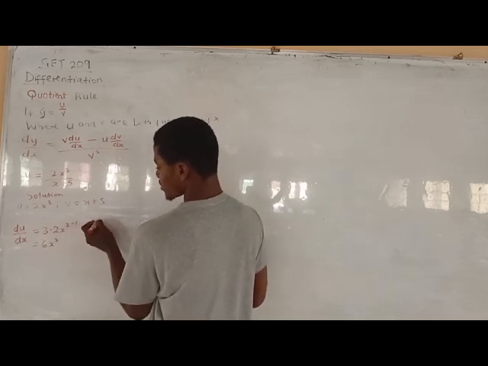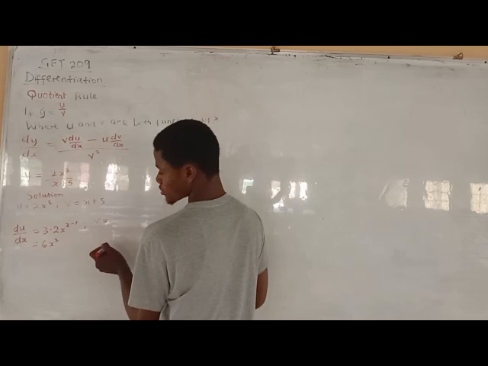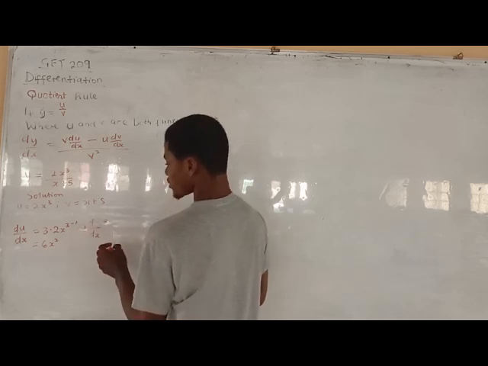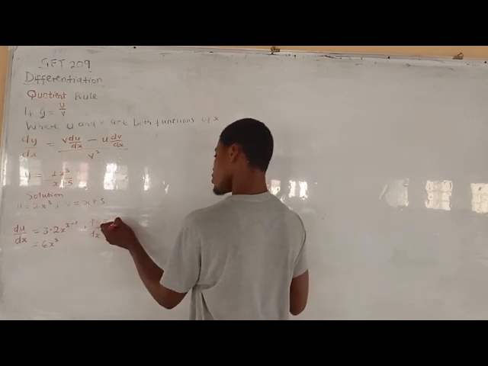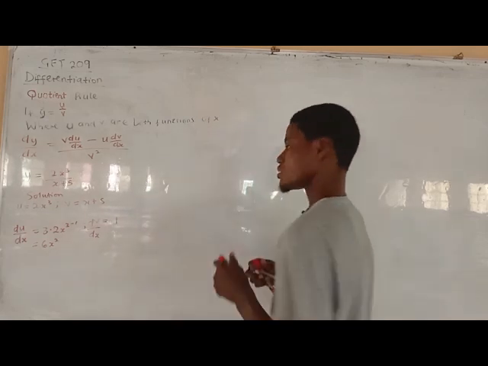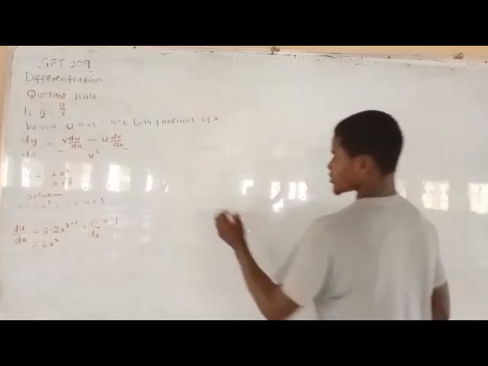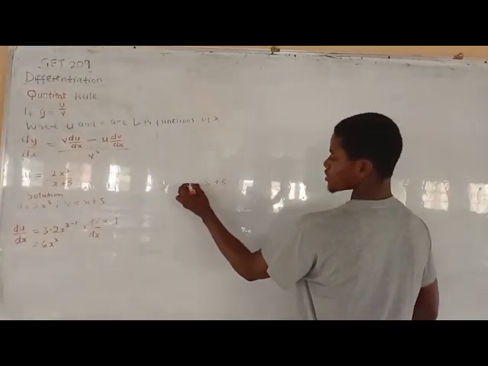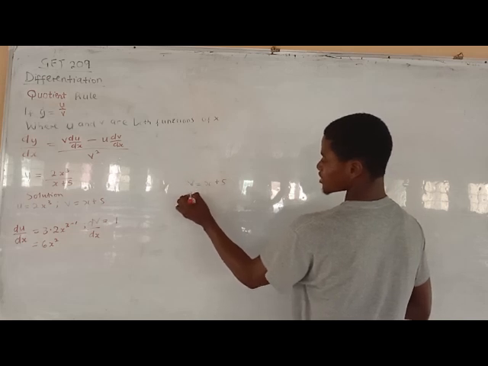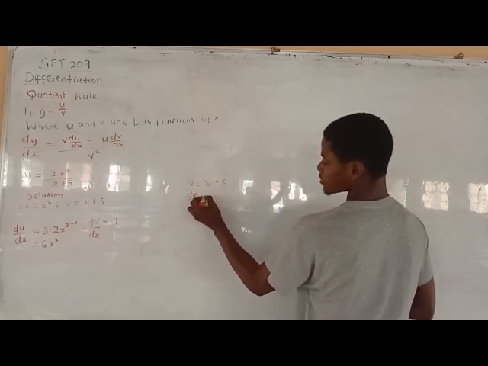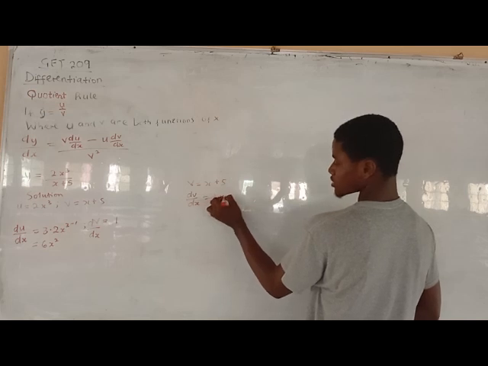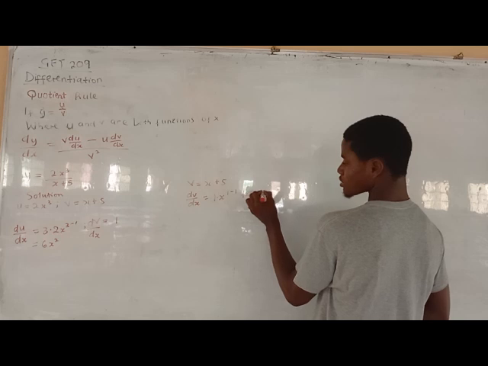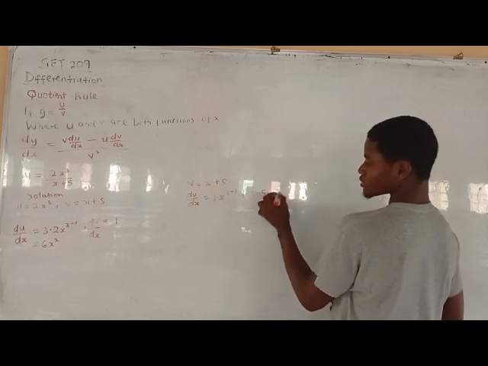Whereas for this side, v equals x plus 5, dv over dx equals 1. And we know why it equals 1. Because if v equals x plus 5, then dv over dx equals 1 times x raised to power 1 minus 1 plus 0 times 5x raised to power 0 minus 1.